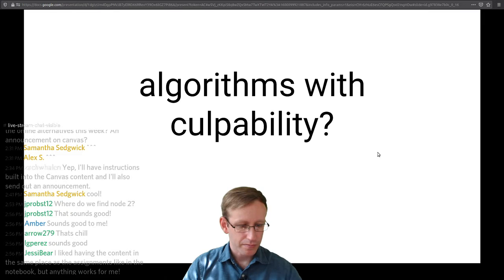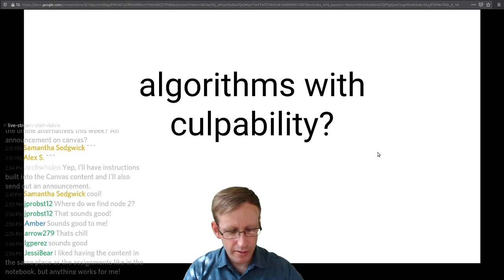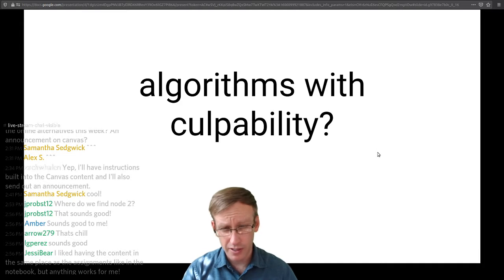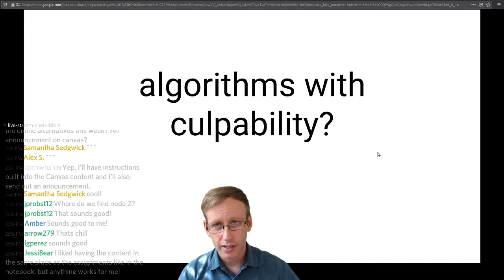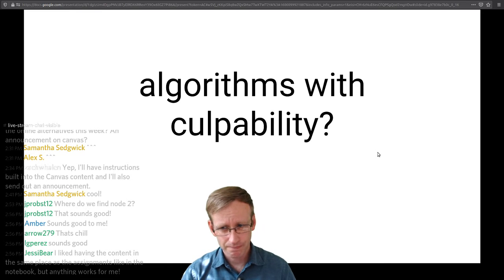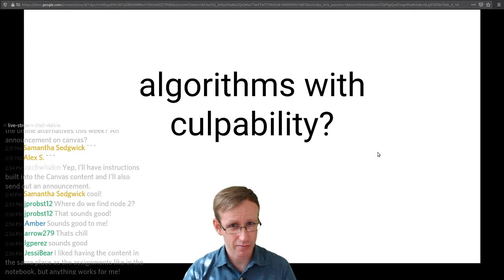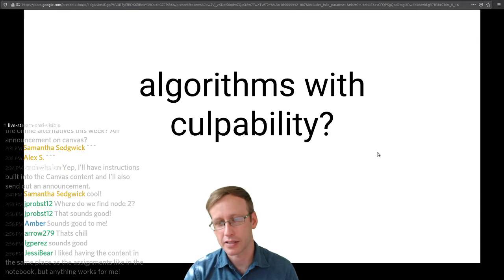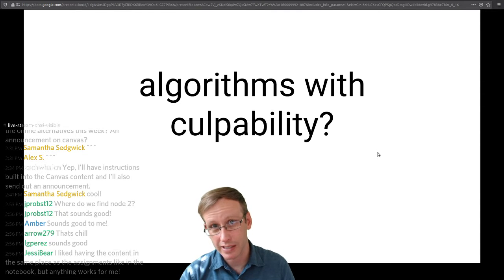But culpability here means blame, right? So if a self-driving car is forced to make a decision like that, like run over 1 person or 3 people, and it makes a choice that outside observers just think is wrong, how do we blame it? Like, whose fault is it? Is it the car's fault, or is it the person driving, or is it the designer of the software?